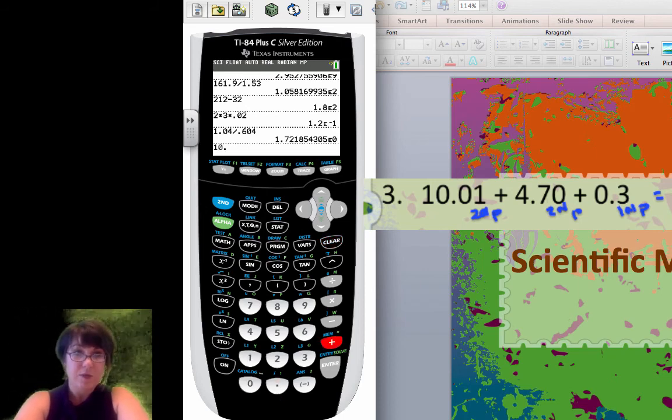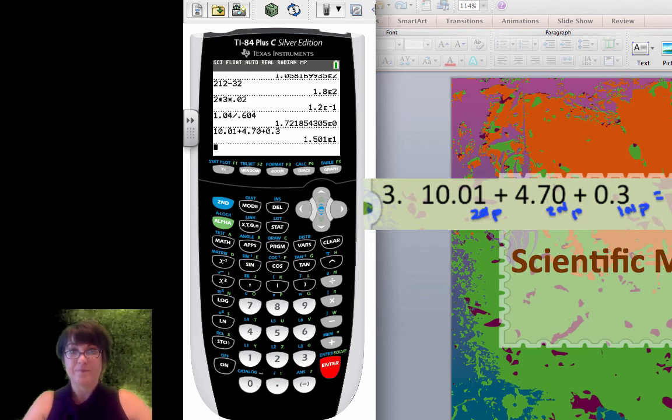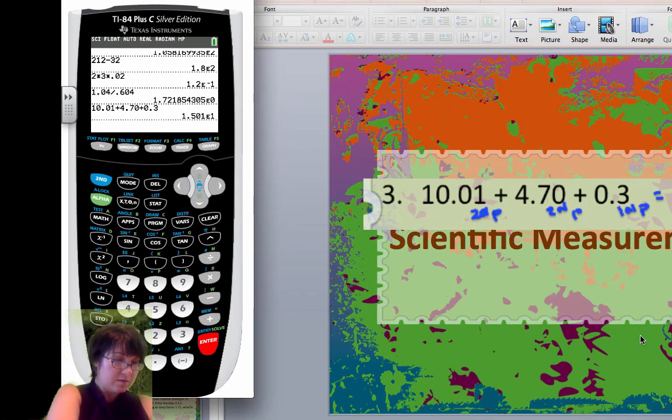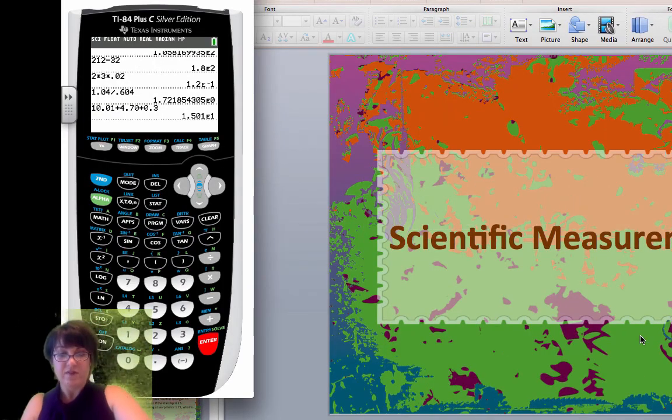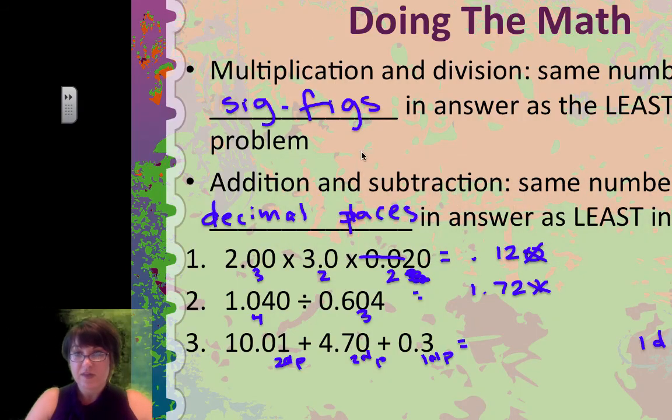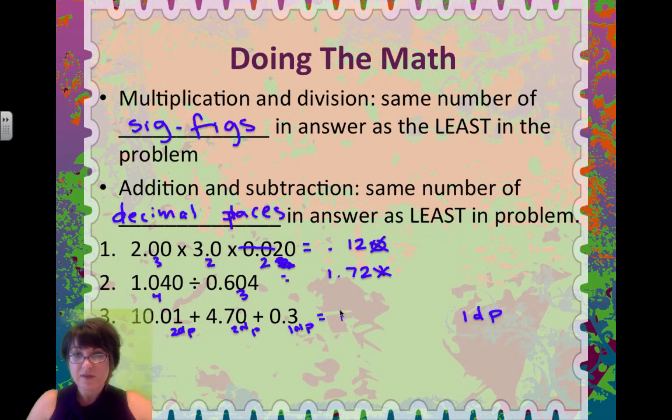10.01 plus 4.70 plus 0.3. Yep. So 15.01 is the number I've got, but I only get to keep 1 decimal place, so I can't call it 15.01.